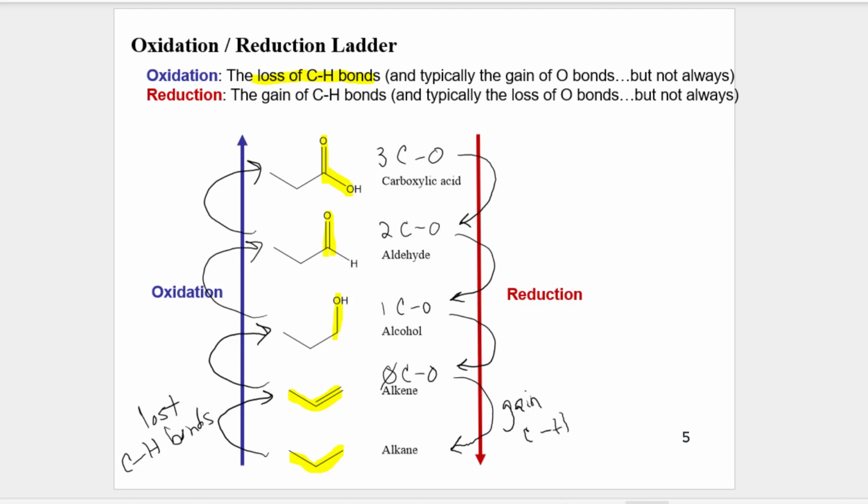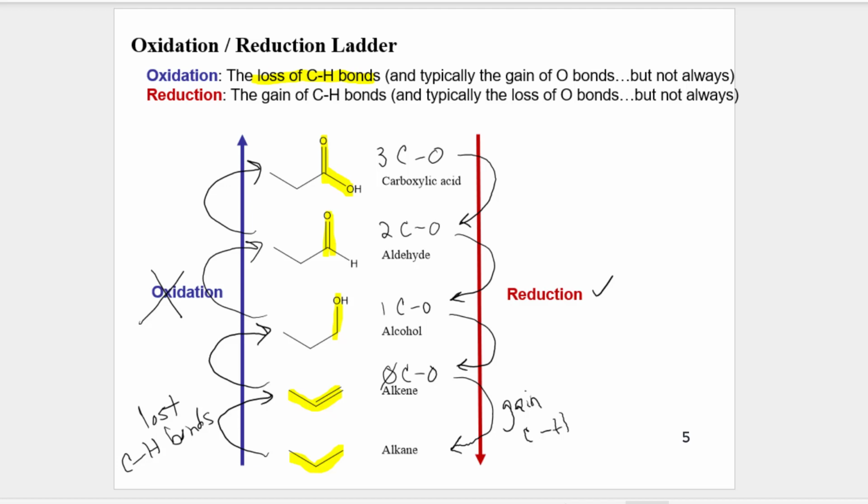We're not going to see oxidations in this chapter. Oxidation I will save for a future chapter to learn about. But we will see reductions in this chapter. We may go from a carboxylic acid all the way down to an alcohol, okay?